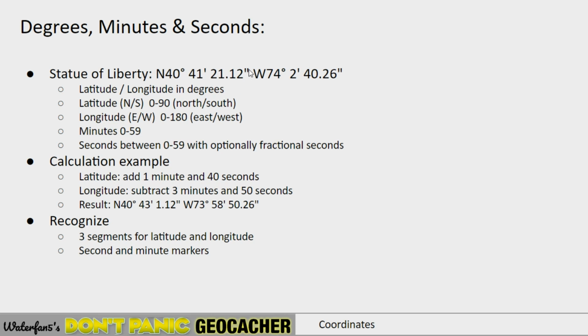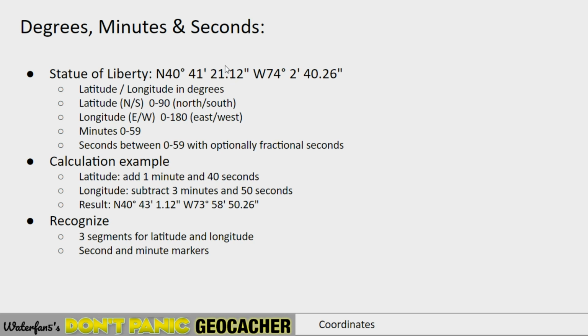Again, the N and W can be before or after, that doesn't really matter, but the degree ranges are the same. However, now the minutes are just a whole number, meaning any number between 0 and 59. We no longer do the fractions. The fractions are now written down as seconds or fractions of a second.